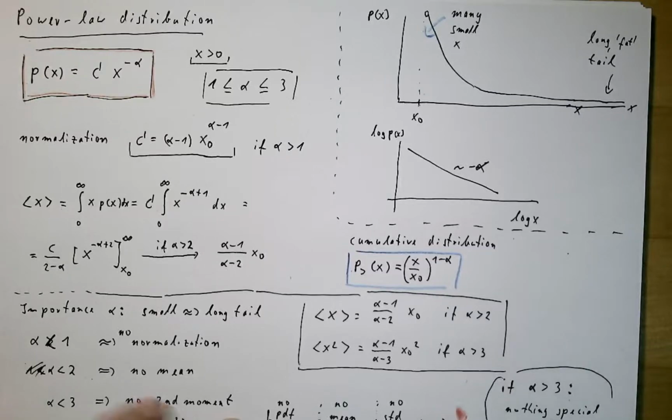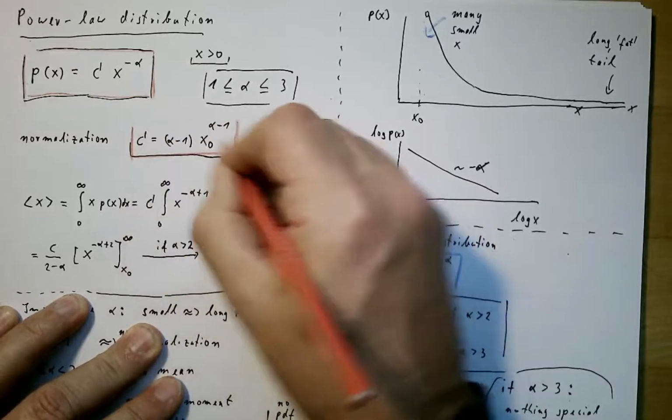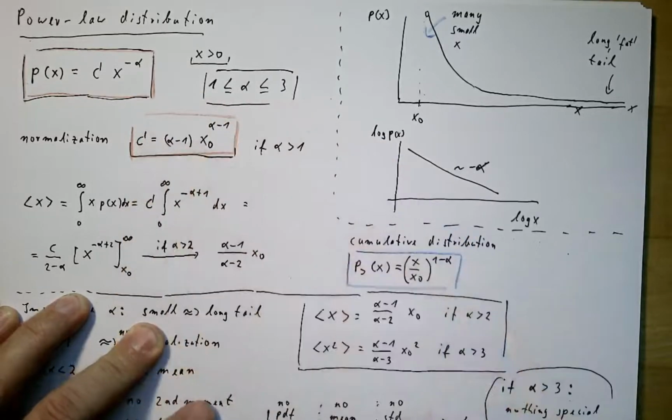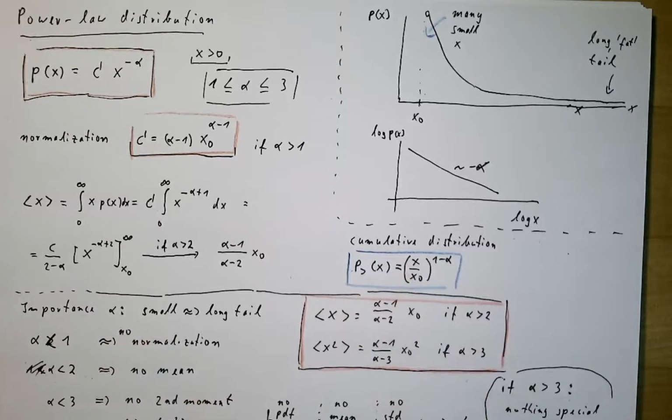But here I think I gave the most important formulas that we need. We have the normalization, we have the moments, we have the cumulative distribution functions, and I showed you the different regimes of alpha where this distribution has different properties.